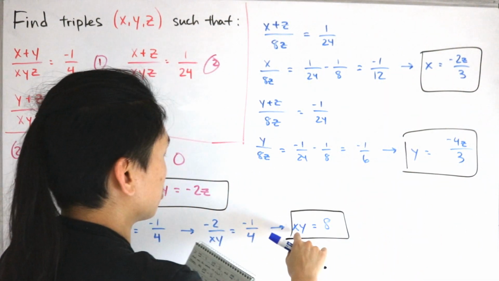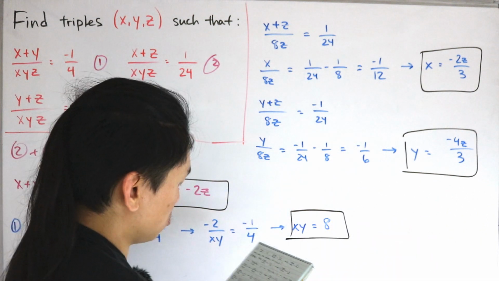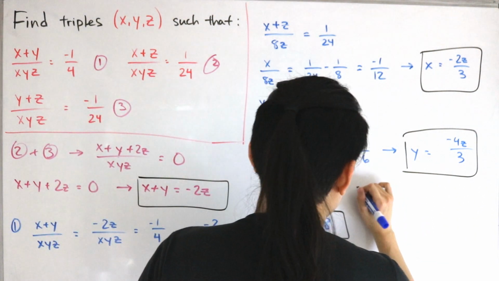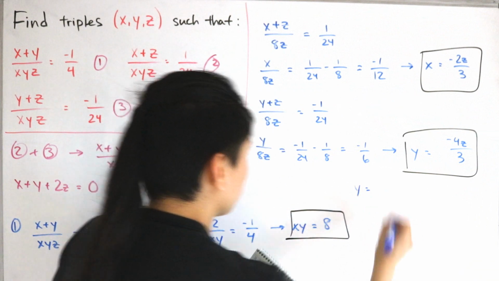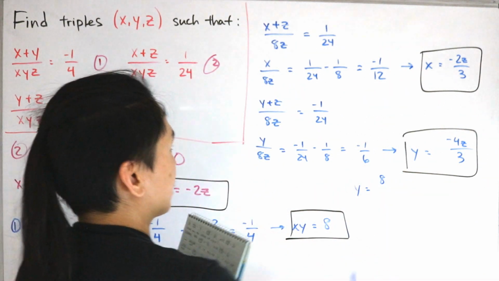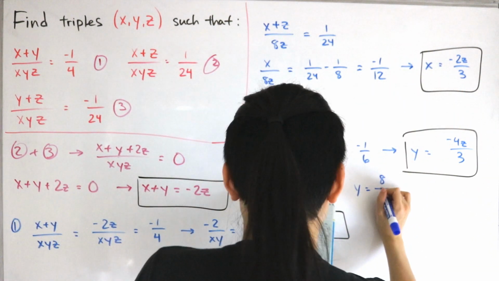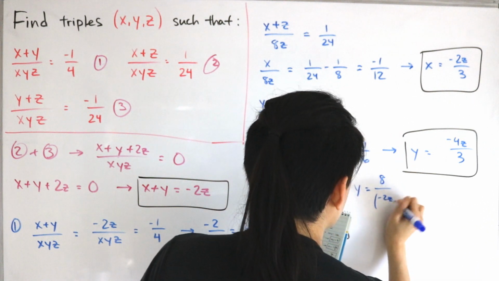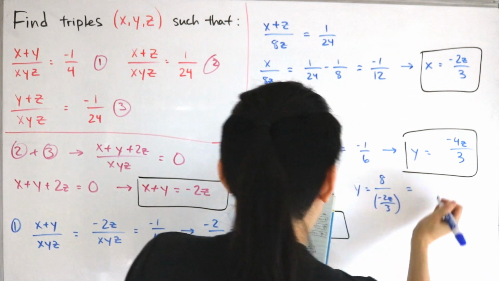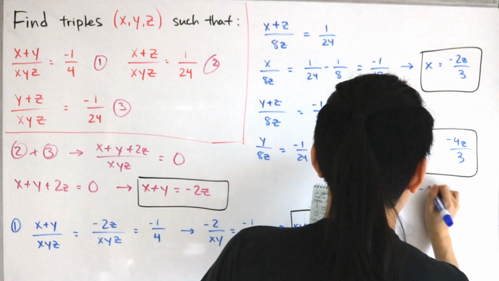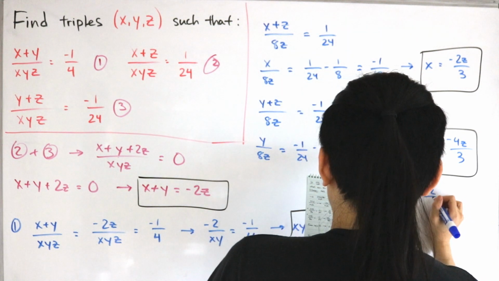You can solve for either x or y on its own. Let me go for y, just because that's what I wrote in my notes. So y is equal to 8 divided by x, but we solved for x, so substitute that in for -2z divided by 3. In other words, that's the same thing written as -12 divided by z.